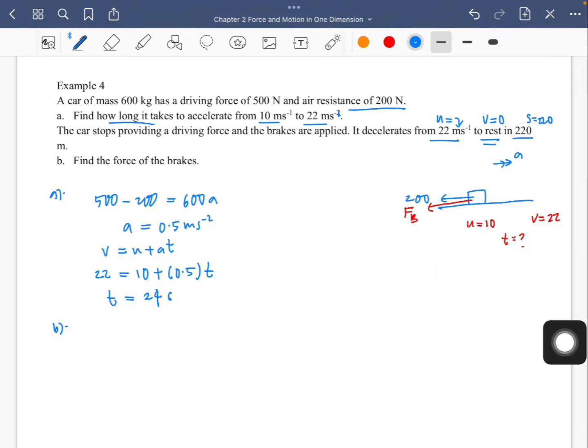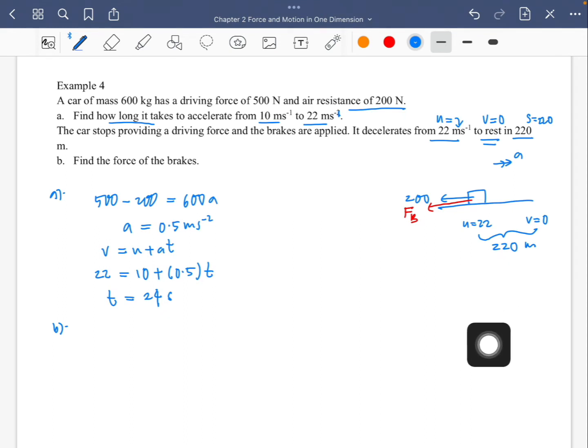The initial velocity given for question B is 22, and we want to find the braking force with this initial velocity, where the final velocity becomes 0. The distance to come to a stop is 220 meters. Our information does not have time.